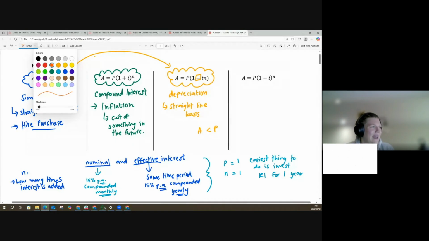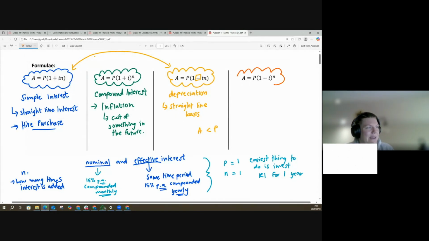And then we have our last formula up here, which is what? Good. It's also depreciation, but on a reducing balance. Okay.